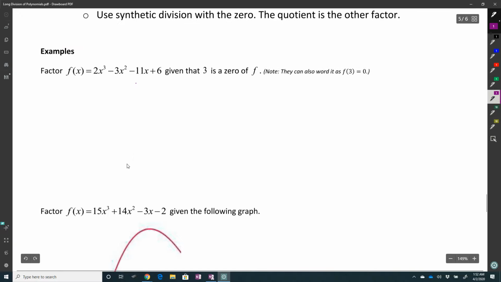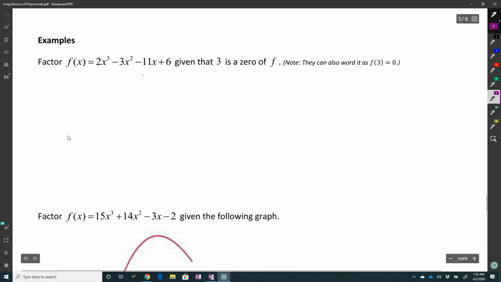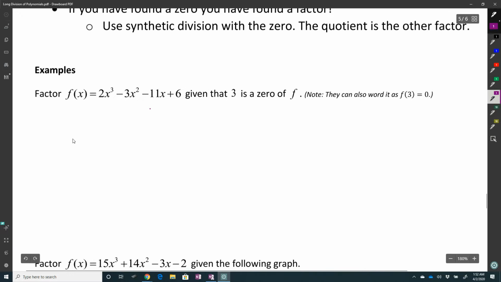So this first problem says, factor this polynomial given that 3 is a 0 of f. Whenever they say 3 is a 0 of f, they're telling me that this is an x-intercept.